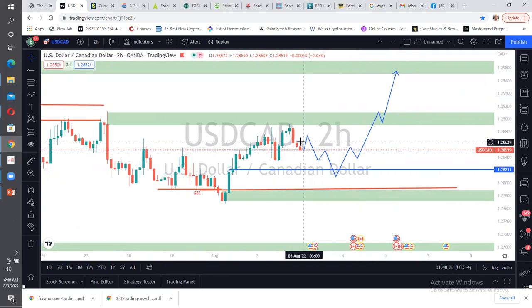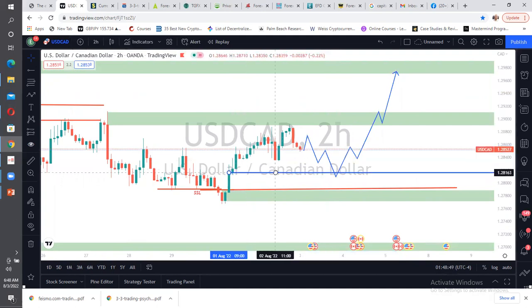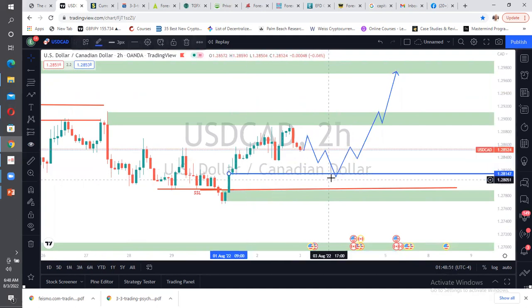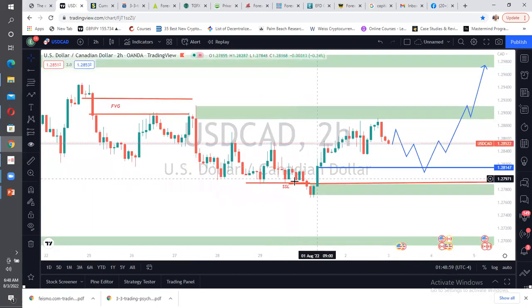I would like to see a push down to this fair value gap here, then push down, take away this liquidity and take away this particular level here. Then pull back, then take a trade into this fair value gap here. Once it trades into this fair value gap, we'll be expecting it to go to the upside and take away this liquidity to the upside. This is what I'll be expecting from this particular pair.